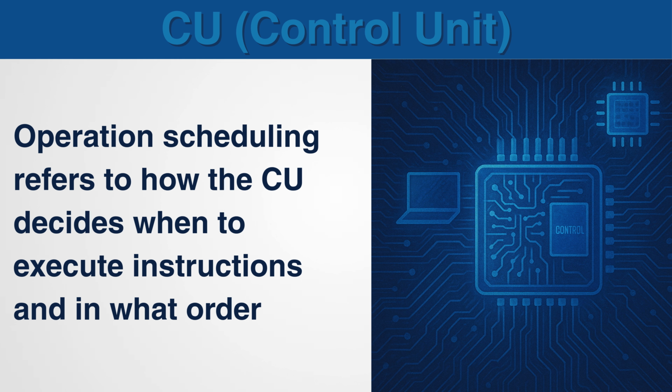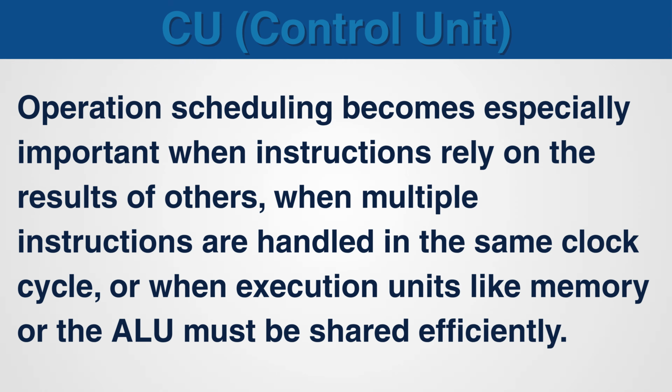Operation scheduling refers to how the CU decides when to execute instructions and in what order, especially when instructions depend on each other with data dependencies, or multiple instructions are issued per clock cycle in superscalar or pipelined CPUs, and resources like memory or ALU are shared or limited.